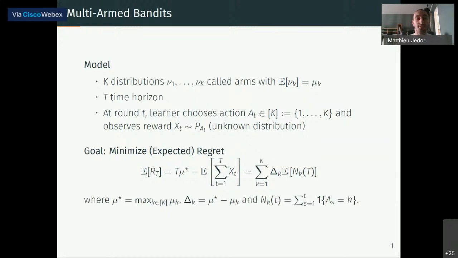The goal is to minimize the expected regret, which is equivalent to maximizing the cumulative reward. The regret is the difference between the reward of an oracle, T mu star, that is the expectation of the best arm, minus the reward obtained.